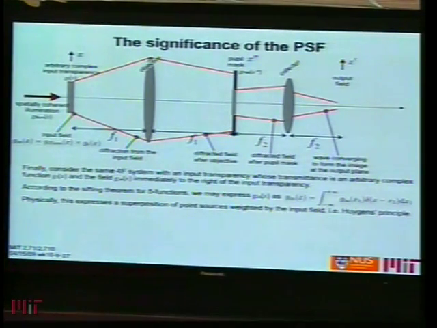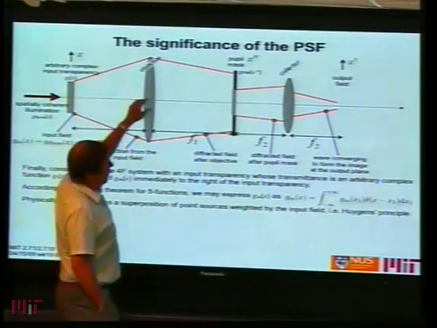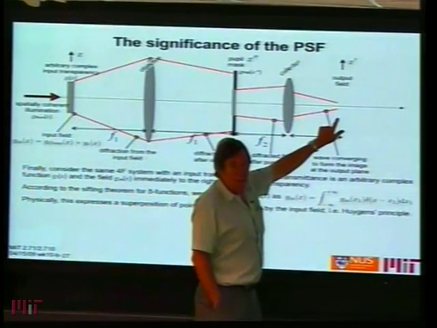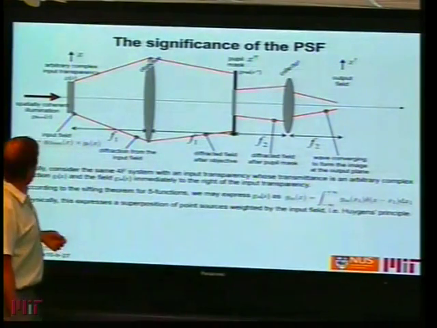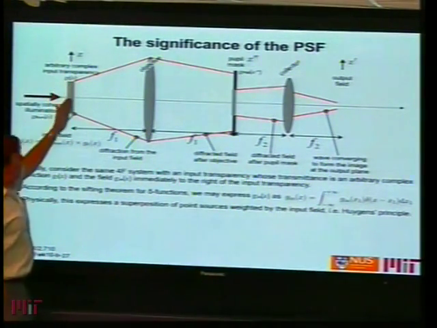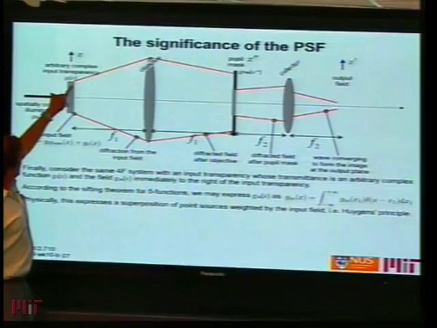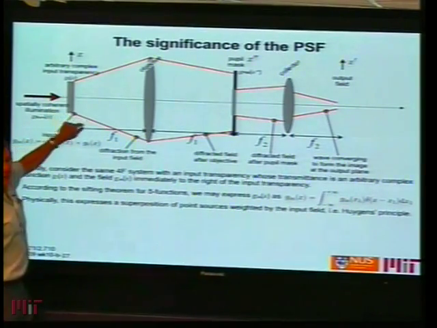Each of those delta functions is going to propagate through this system and produce a point spread function, exactly like we described before. And then the image of the total object is going to be the sum of the images of all these delta functions.